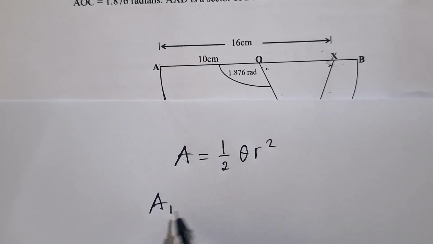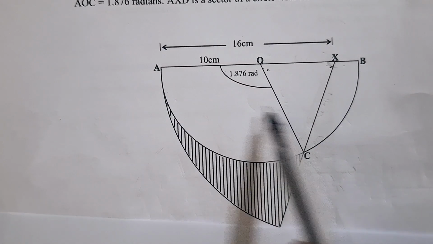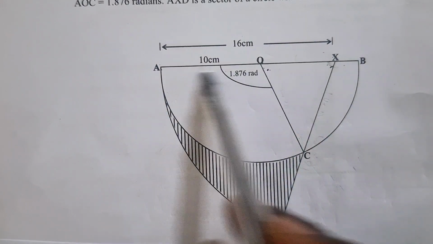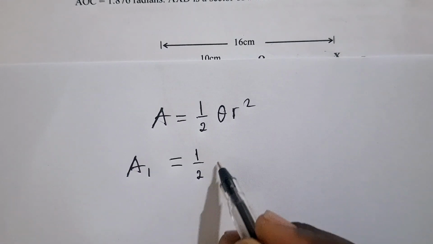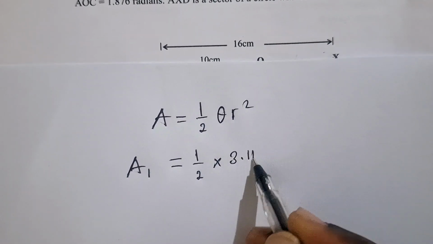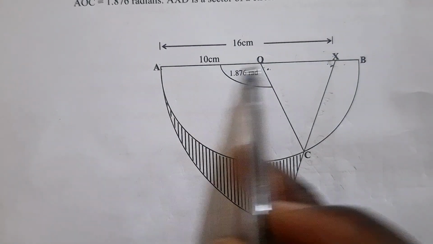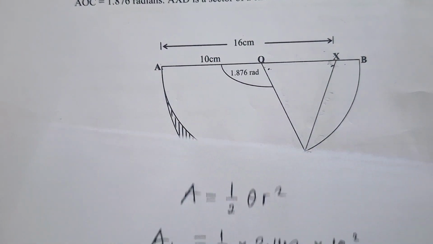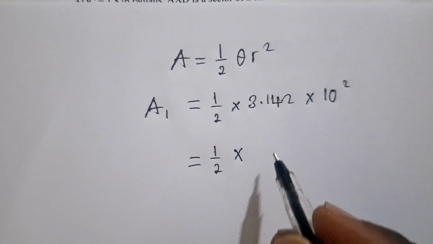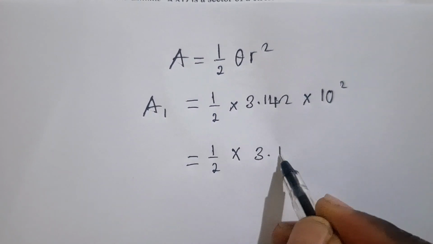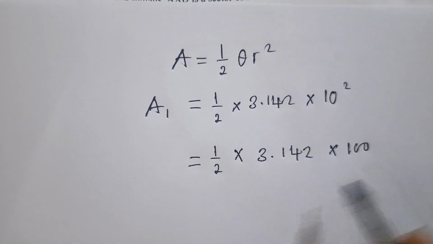I'm going to say area 1 is equal to 1 over 2. And what is my theta for area 1? So area of a semicircle. The theta here will just be equal to 3.142, which is pi, times the radius, which is 10. You see from here to here it's 10. So that's 10 squared. We've got 1 over 2 times 3.142 times 100.